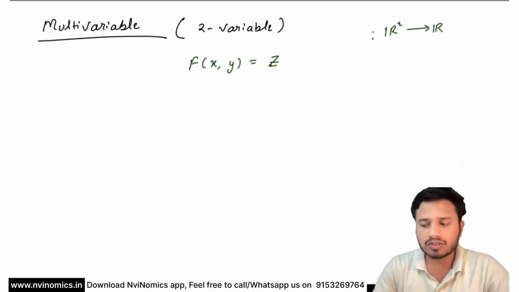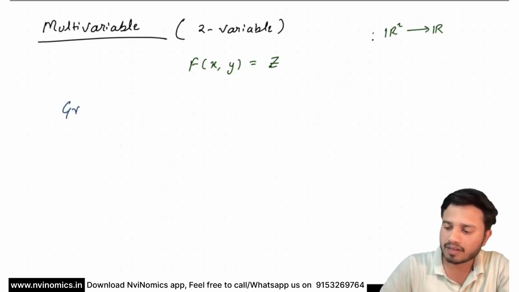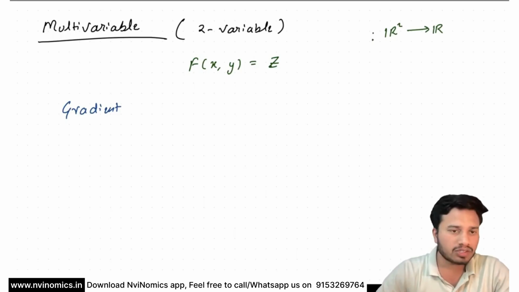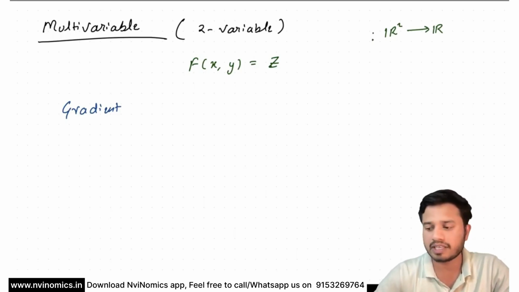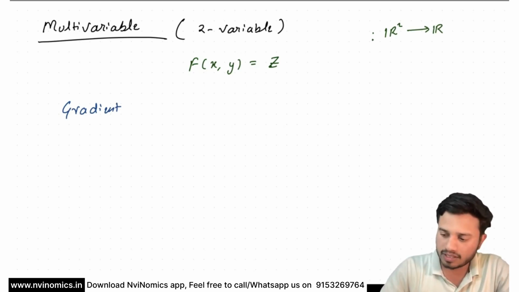Okay, so not going into too much detail, I want to tell you something about a thing called gradient. Although it's a part of vector calculus, it's a whole course, I can tell you something about this. Just like in the one variable case we have the first derivative, d by dx, here there is a function with two variables, so we will have two first order derivatives, and we store them in this form.